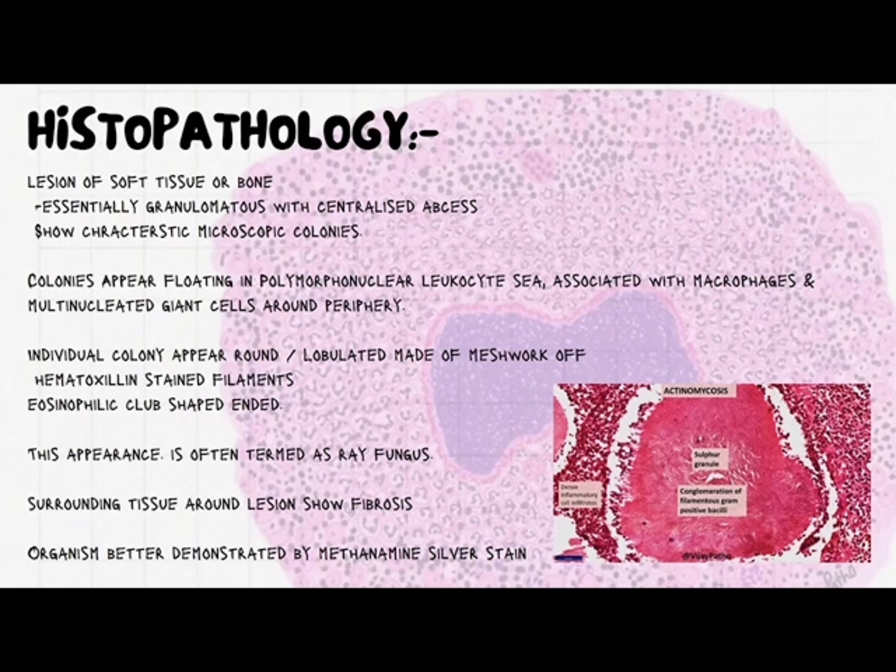Each individual colony appears round, lobulated, made of a meshwork of hematoxylin stained filaments and eosinophilic club-shaped ends. This appearance is often termed ray fungus, and the infection is often misinterpreted as a fungal infection. Surrounding tissue around the lesion shows fibrosis. The organism is generally better demonstrated by methenamine silver stain.